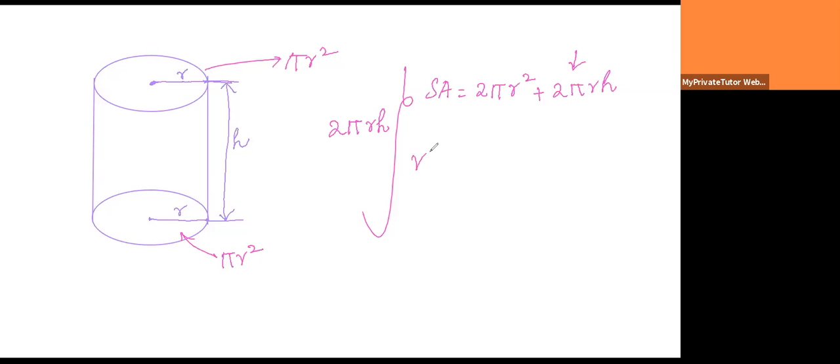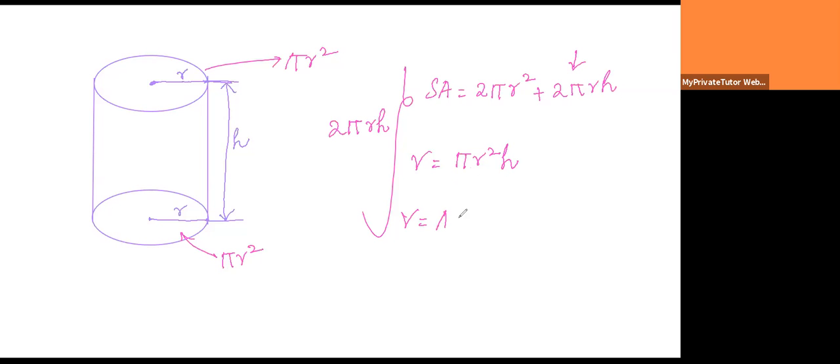Okay, and the volume is a very straightforward one, which is pi r square times h, because pi r square is nothing but the area of the base, times height. What do you mean by volume generally? Volume is length times width times height. So length times width is nothing but the area of the base.